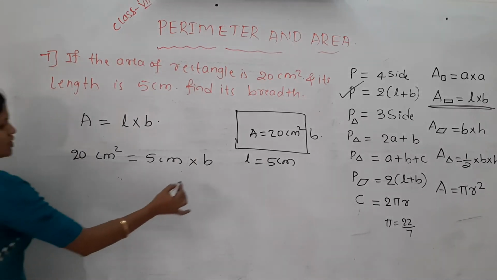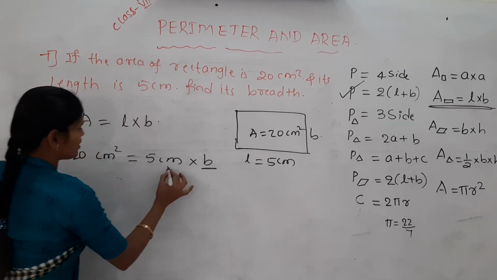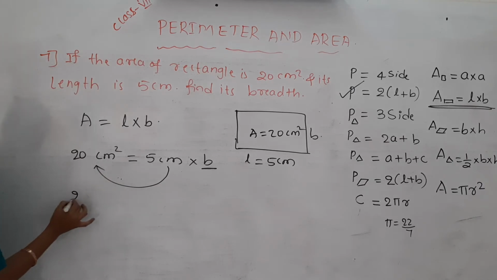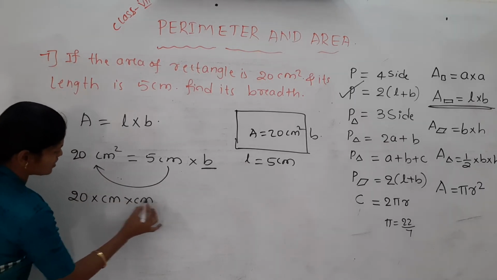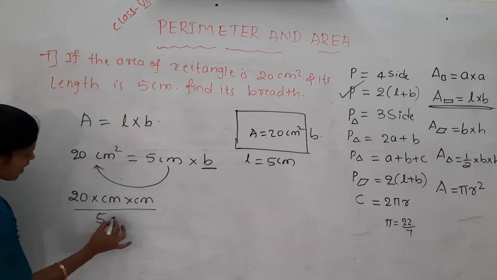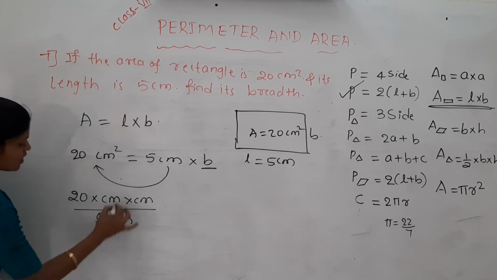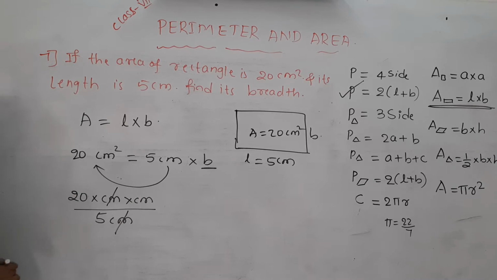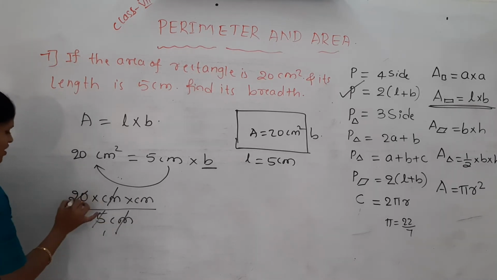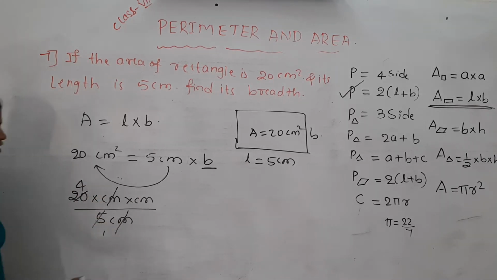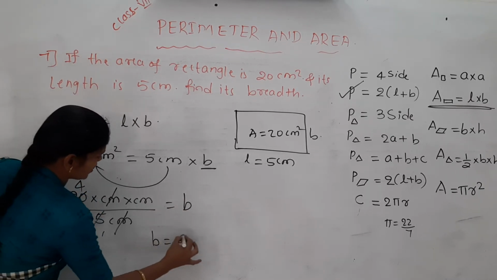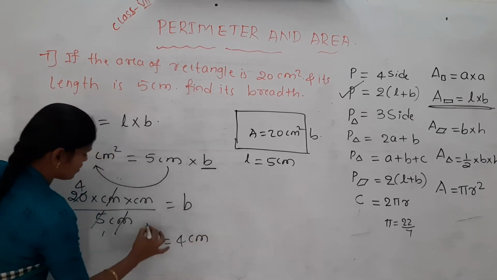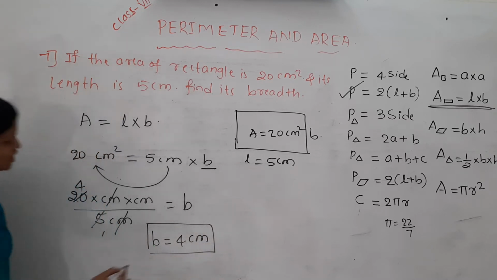We want B. Keep this B here and take the remaining thing to the other side. 20 centimeter square, so write it as centimeter into centimeter, divided by 5 centimeter. Centimeter gets cancelled. 5 fours are 20, so 4, which is equal to the breadth. So the breadth of the rectangle is 4 centimeter.